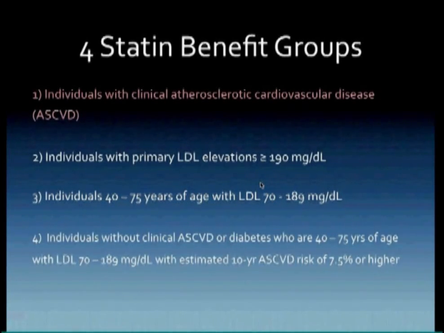And individuals without clinical cardiovascular disease or diabetes in that age group of 40 to 75 years with an LDL in that range, who have a 10-year risk of 7.5% or higher of cardiovascular disease-related mortality. They calculate that with a calculator tool that you can use. But really, our patients are going to be the individuals with clinical atherosclerotic cardiovascular disease.